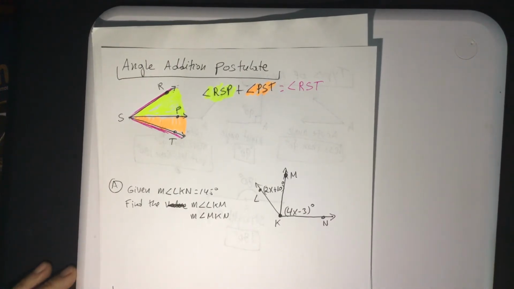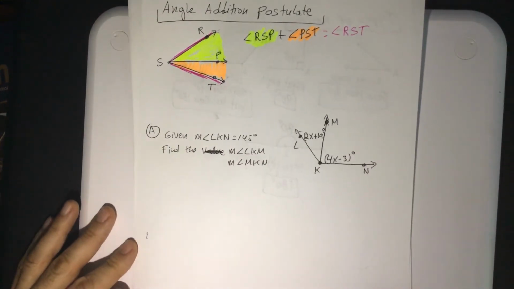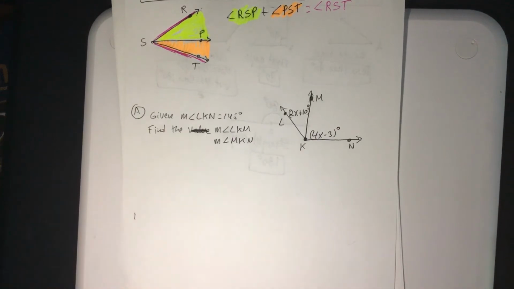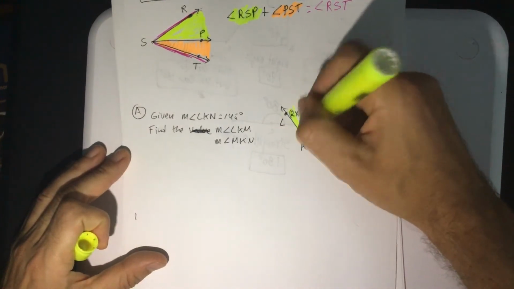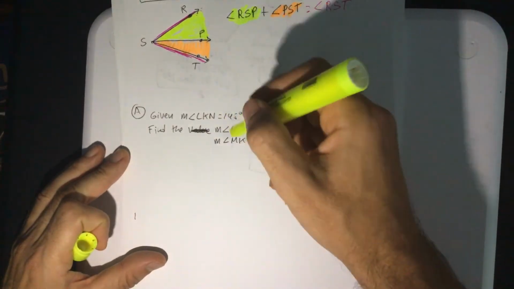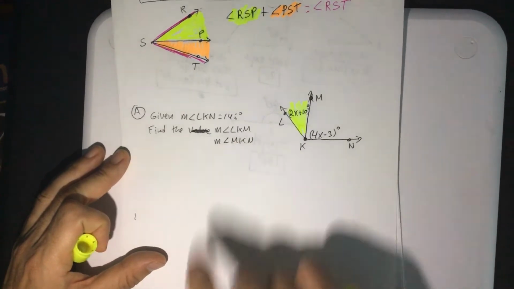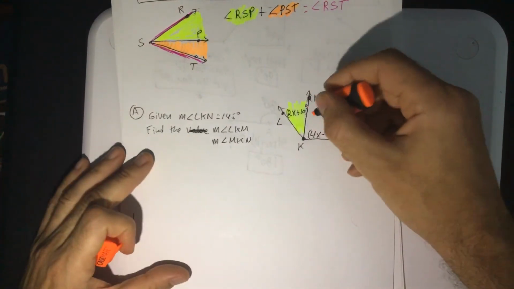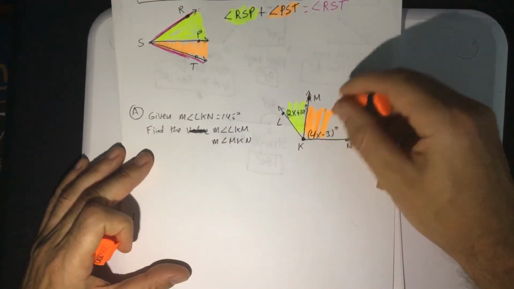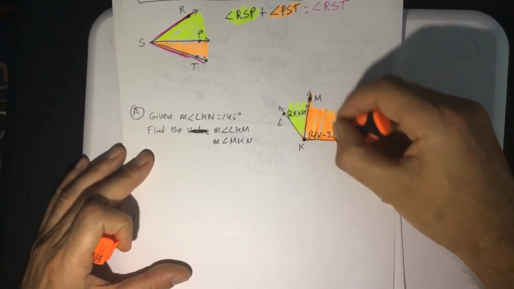So let's take a look at this example. It says given the measurement of angle AKN, we're looking at this angle here, the measurement of angle AKM, and then the other angle here, MKN.